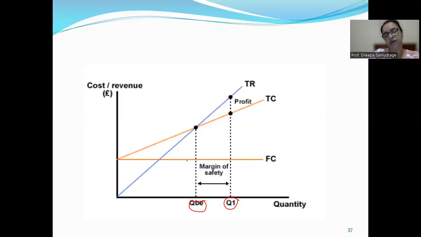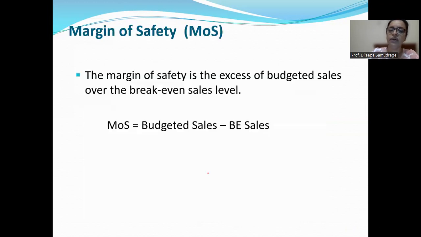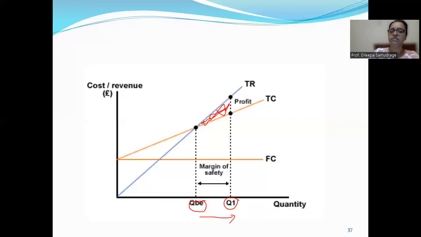Why do we call this the margin of safety? Because beyond the break-even sales you are safe, because you are earning profits. This area is profit. That's why we call it the margin of safety: beyond the break-even point, you are earning profits. You are safe.